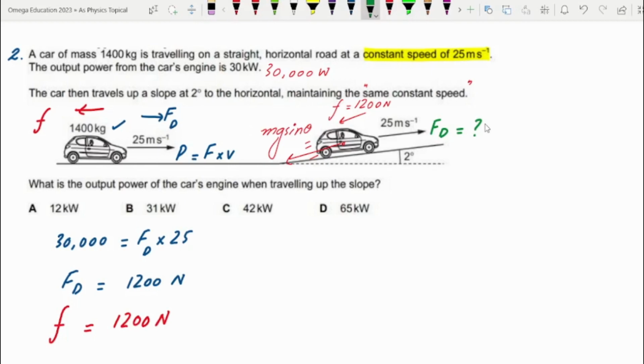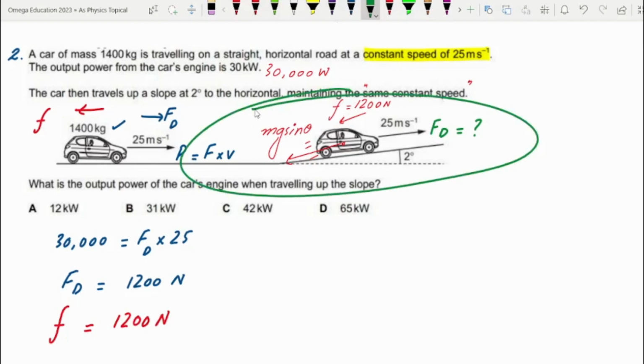How many vectors do you have? You're moving with a constant speed, so keep it in mind. That means the backward forces and the forward forces along the ramp should be equal.